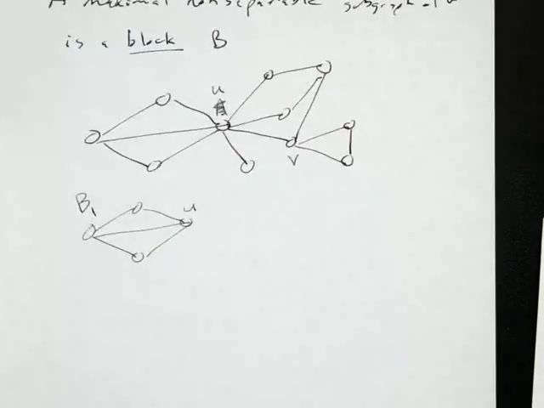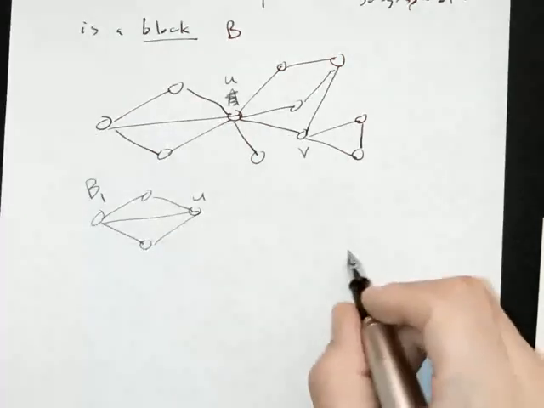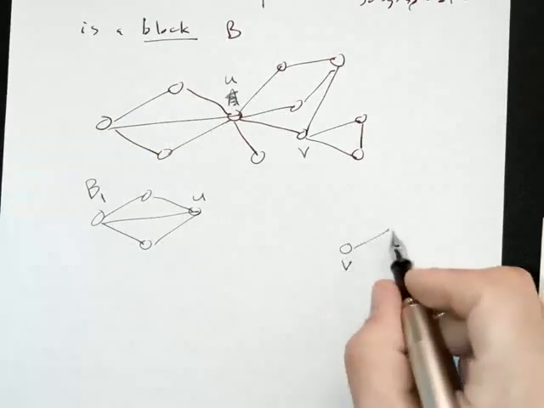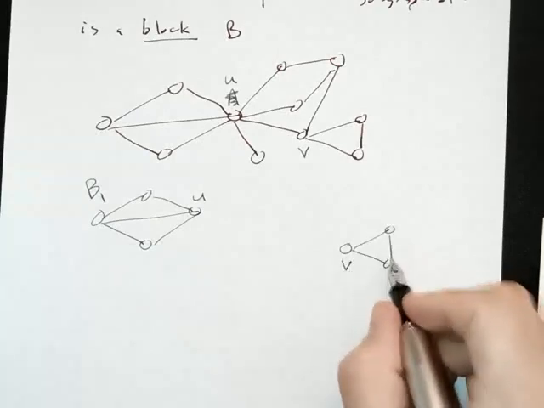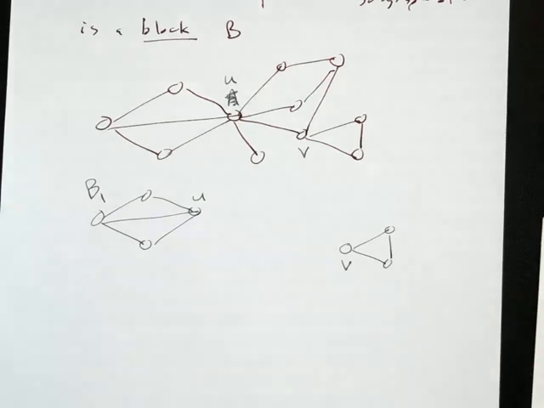I'll call it block 1. What's another block? The C3 triangle, right? So way over here from V, there's a block.